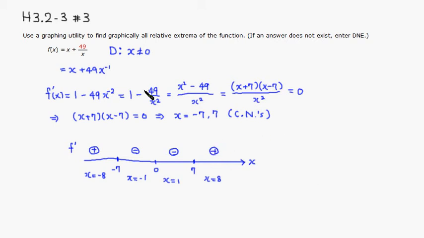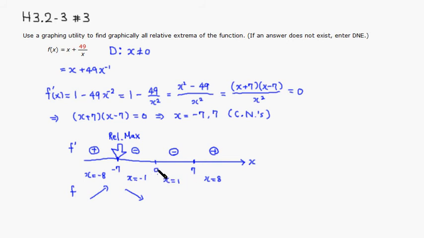So you can see, by using the first derivative test, the original function f is increasing on this interval, and after that it's decreasing because the derivative is negative here. Which means we're going to have a relative max at x equals negative 7.